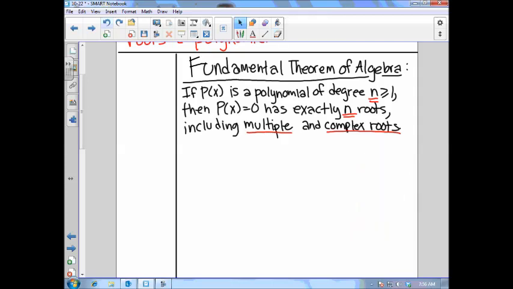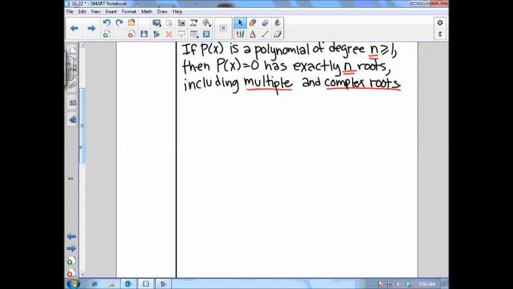On our assignment today, for every problem you're going to say how many roots exist, and then you're going to find those roots and label them. Are they complex roots or are they real roots? And we'll use the rational root theorem that we've already learned to do that.